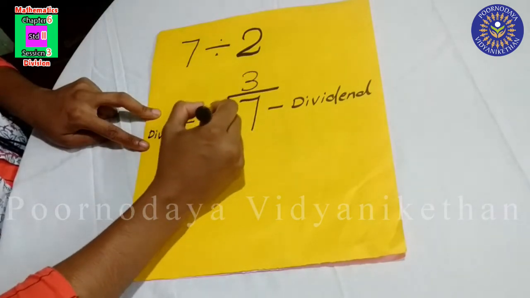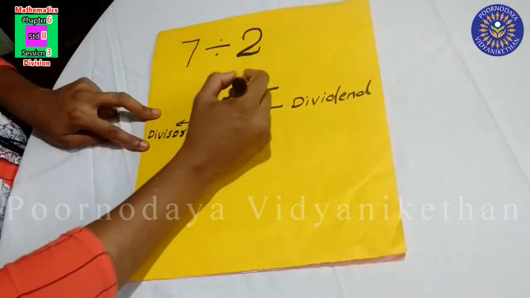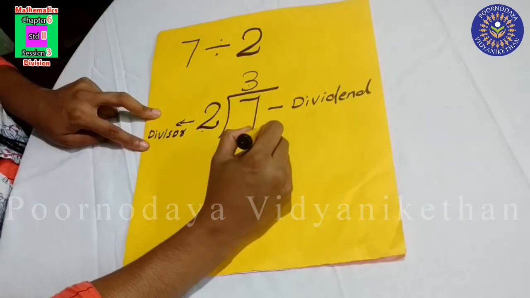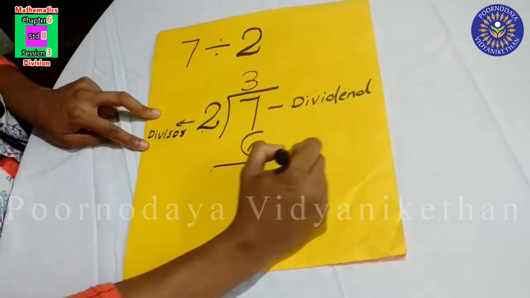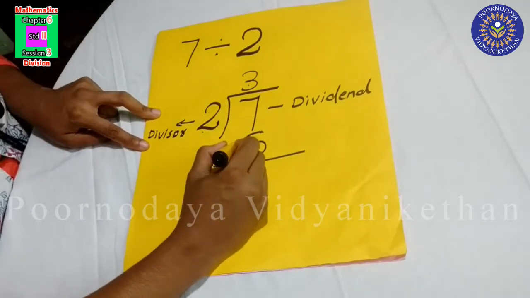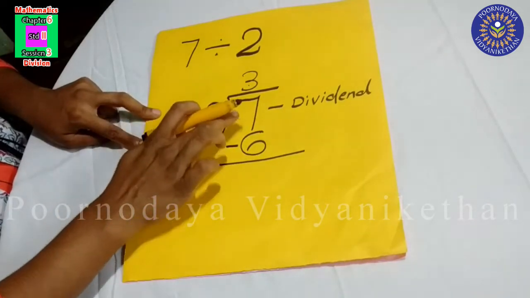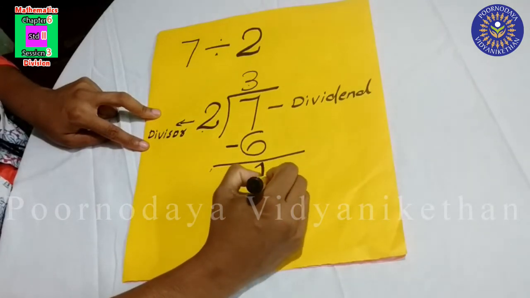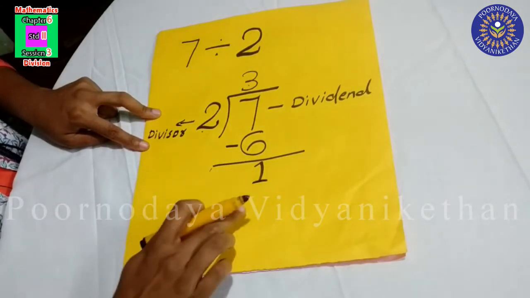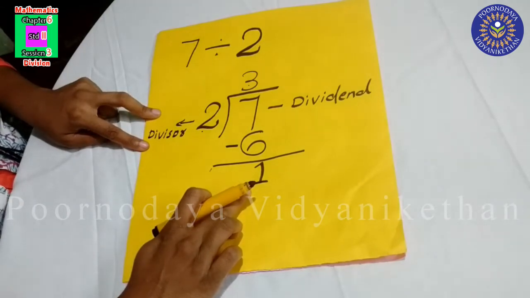Now you have to multiply these two numbers. 3 2s are 6. That 6 you have to write below this 7. Then you have to subtract. 7 minus 6 is equal to 1. So this 1 is our remainder.